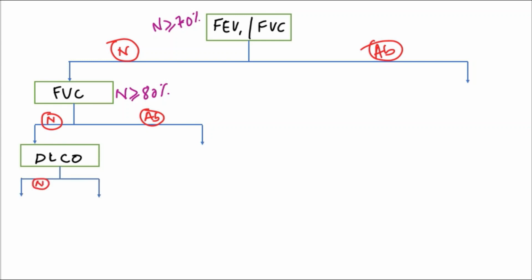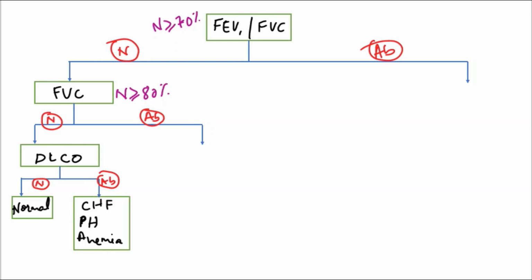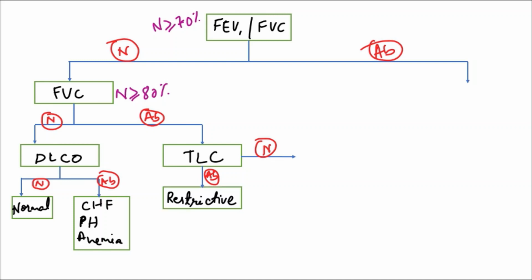If this DLCO is normal, then we have to probably think that the lung is normal. But if the DLCO is abnormal, then we have to think of perfusion disorders such as CHF, pulmonary hypertension, or anemia, etc. If we go back a bit, if the FVC is abnormal, then we have to do TLC. But if TLC is abnormal, then we have to think in lines of restrictive disorder.